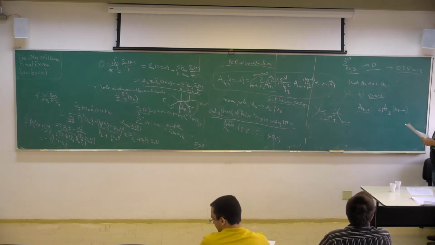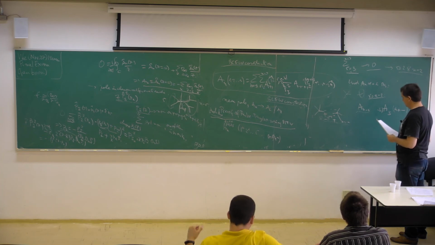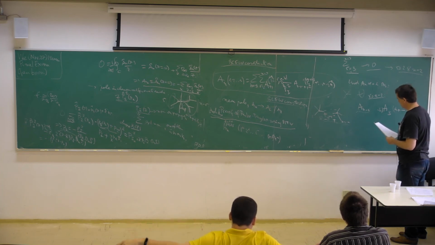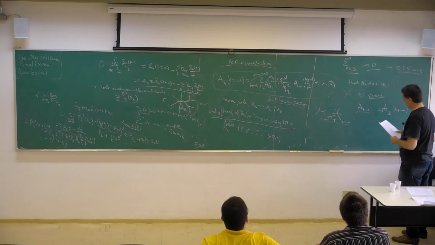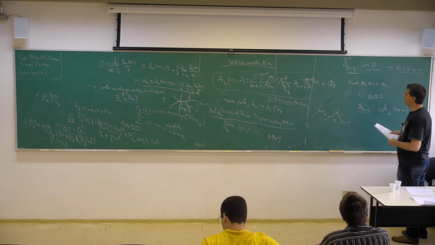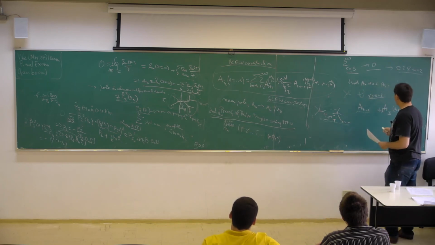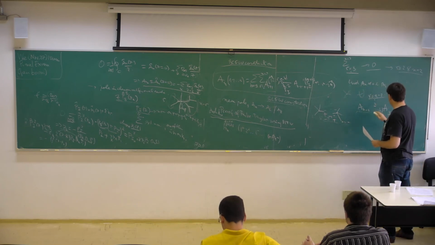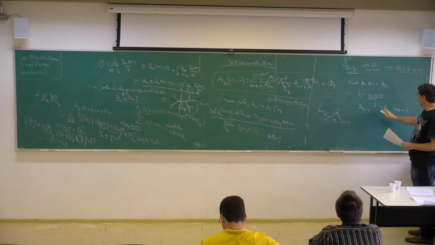But if I is in here, then I can have minus. And the only possibility for this to be non-zero would be for h to be minus, in which case here would be plus.